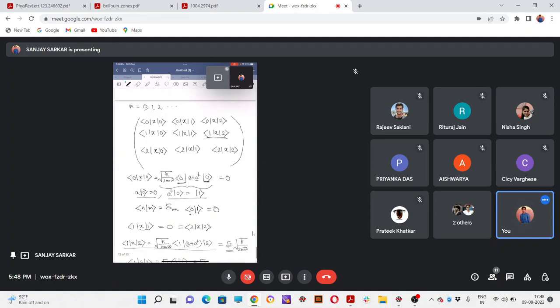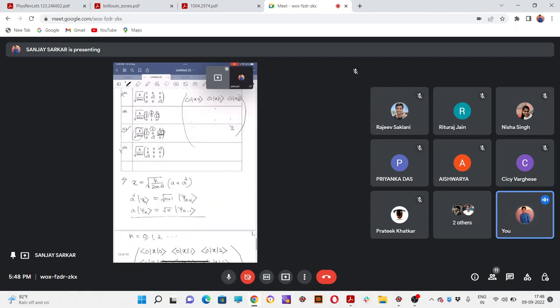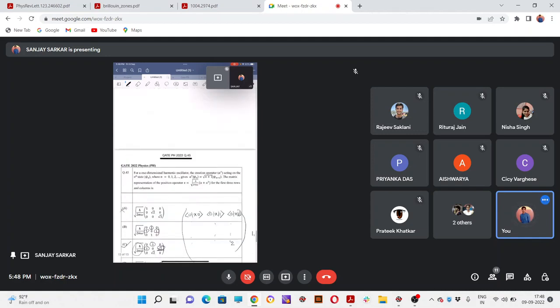Okay, so for today I chose these four questions on harmonic oscillator and potential well. From the next day I'll try to cover 3D potential well and hydrogen atom and solve a few questions on that topic.